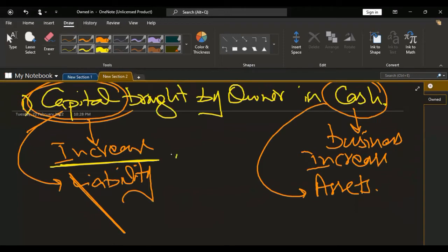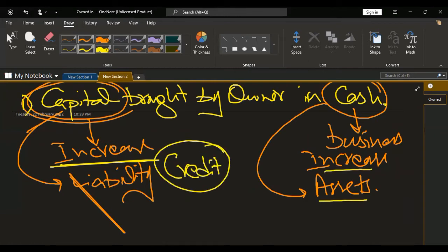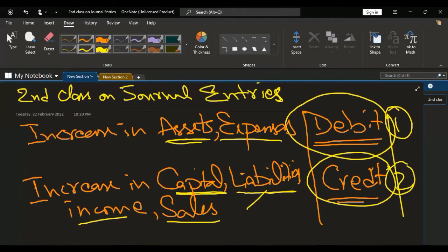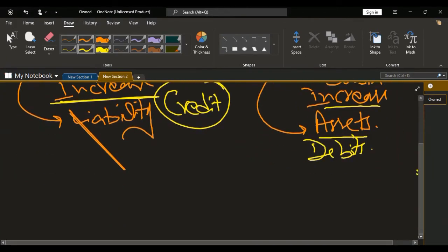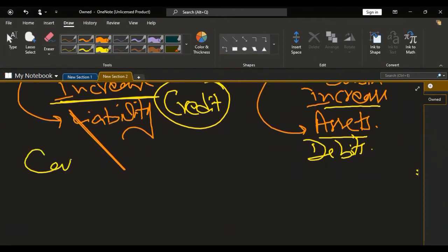Assets are increasing, and increase in asset will be debited. So the journal entry that we are going to pass in our journal or day book will be cash debit and capital credit.